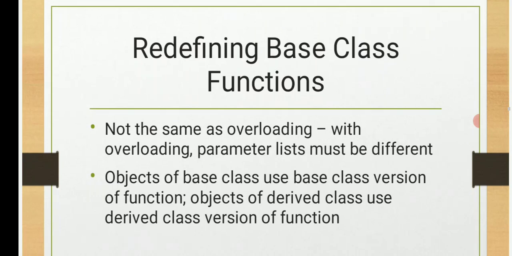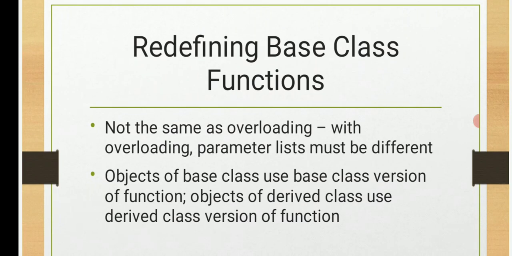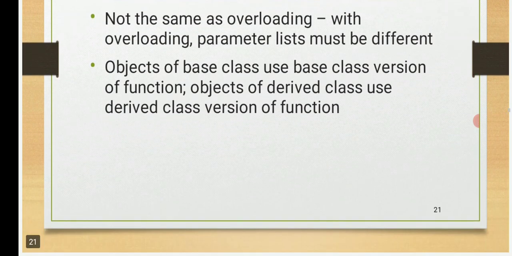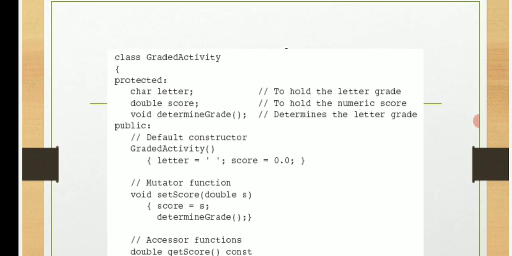Redefining base class functions is not the same as overloading. In overloading the parameter list must be different, whereas in redefining it is the same. Objects of the base class use base class versions of the function. Objects of the derived class use derived class versions of the function. Right, so this is an example.